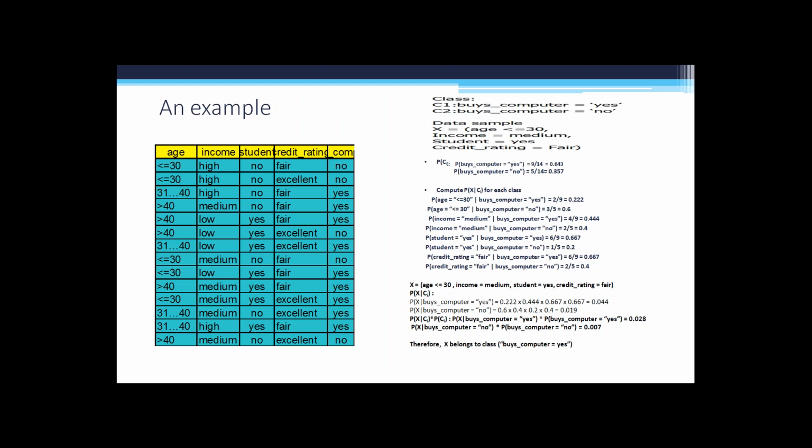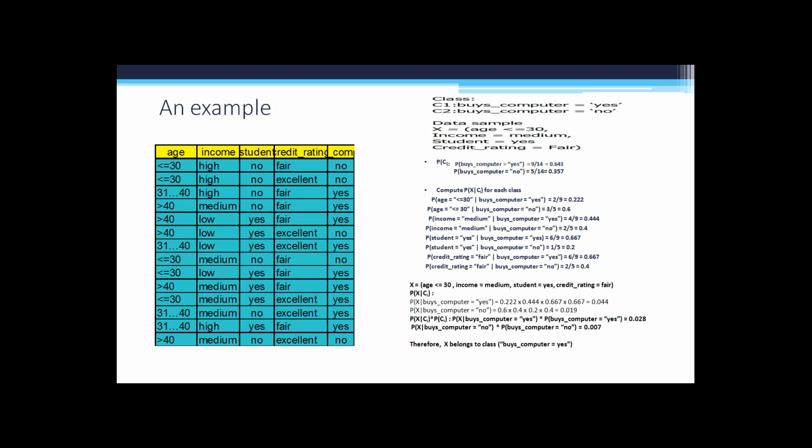I'm just trying to see income equal to medium. Okay, so basically, I think this is what we're trying to compute here for this particular data item, where age is less than equal to 30, income equal to medium, student equal to yes, credit rating equal to fair.